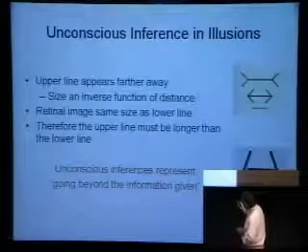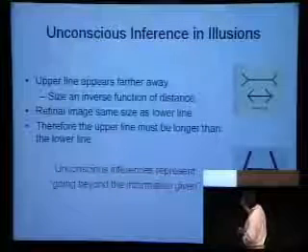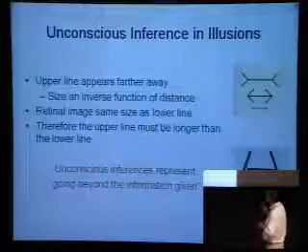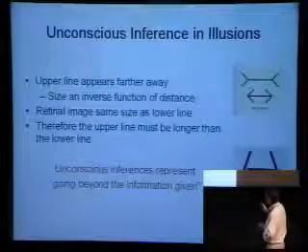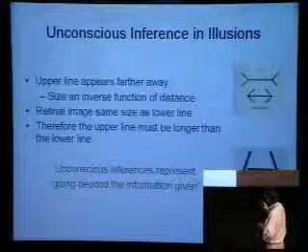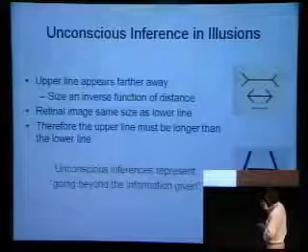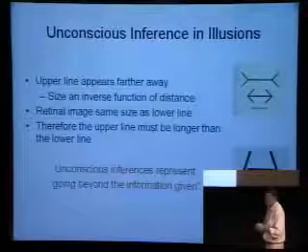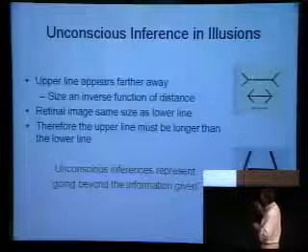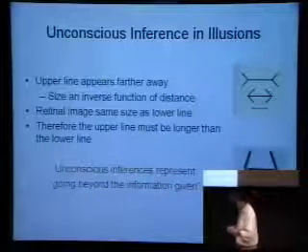You can think of these feathers here as if they're converging lines, so they provide information about distance, okay? So if this line is perceived as farther away from this line, but the retinal sizes are the same, then you'll conclude that this line must actually be bigger than the other one.